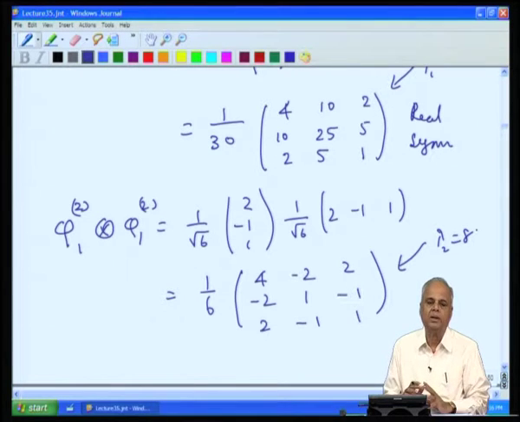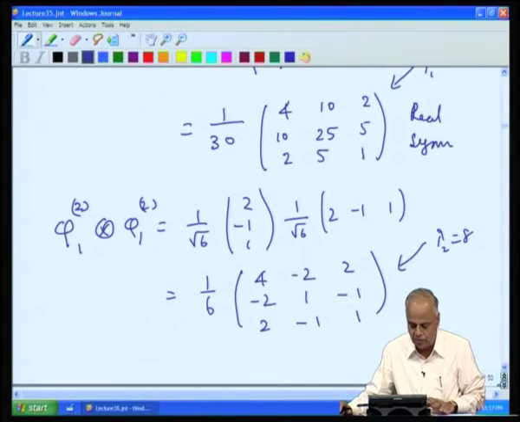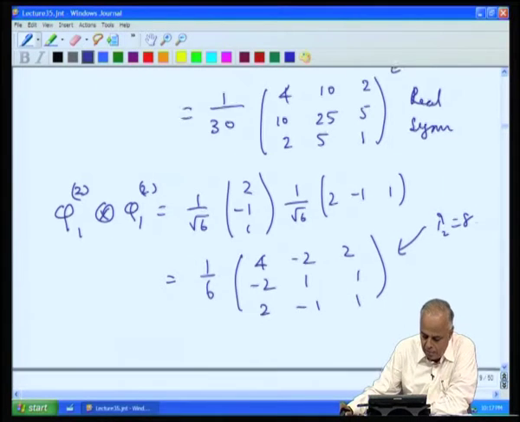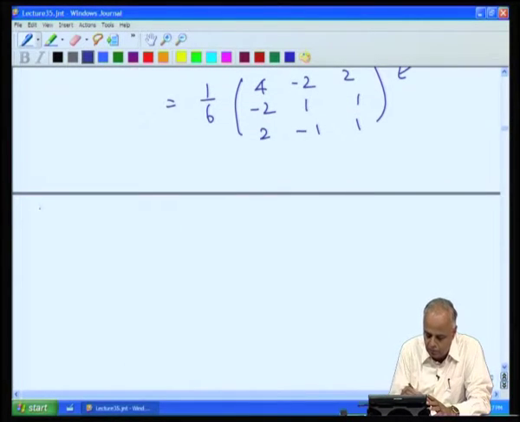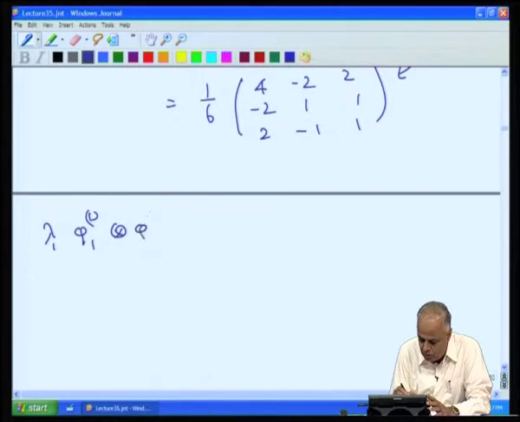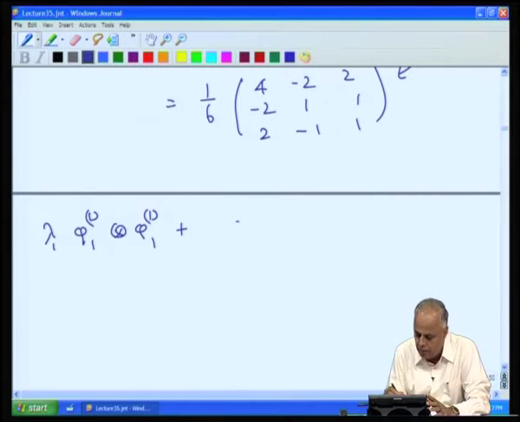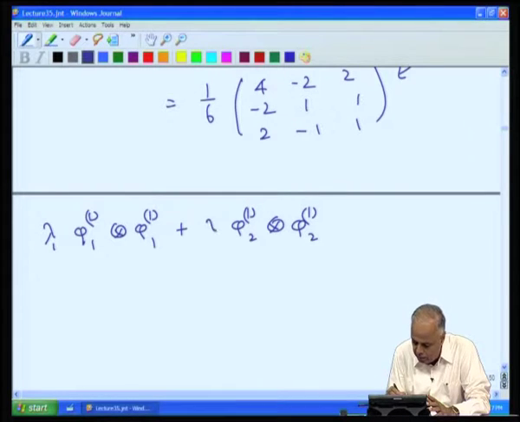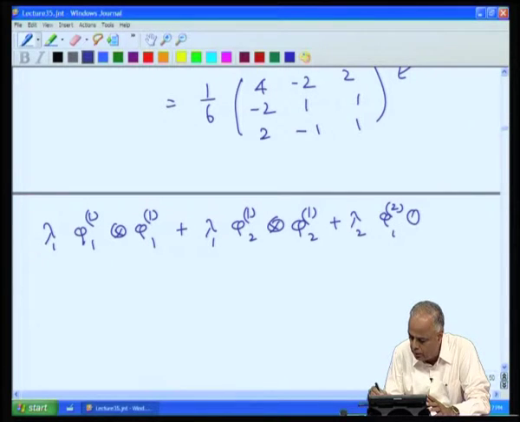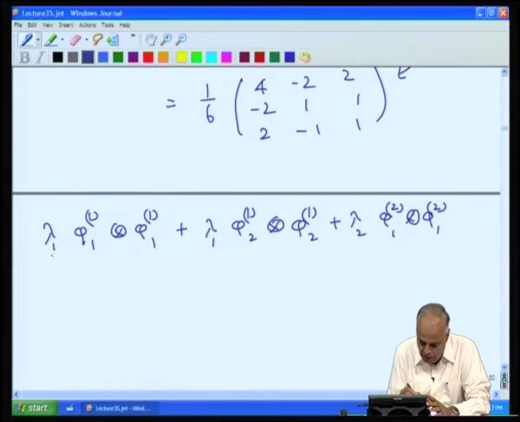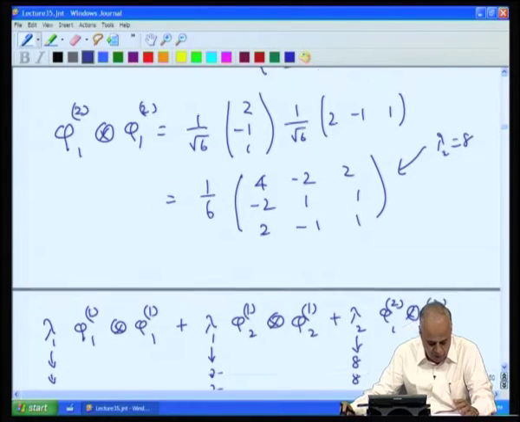Now, having constructed the tensor products of each one of these eigenvectors, we multiply them by the corresponding eigenvalues. So, we look at lambda 1, this phi 1 1 corresponds to eigenvalue lambda 1, the phi 1 2 also corresponds to the eigenvalue lambda 1, and the phi 2 1 corresponds to the eigenvalue lambda 2. Lambda 1 is 2, lambda 1 is 2, lambda 2 is 8, and we have calculated the tensor products above.